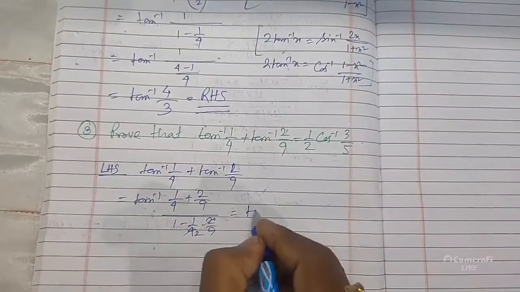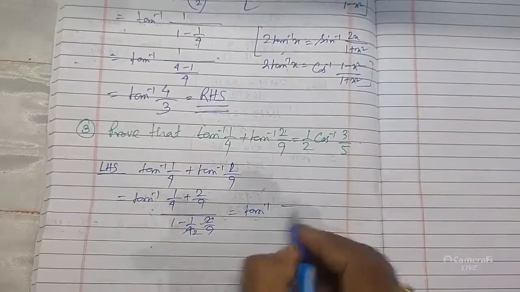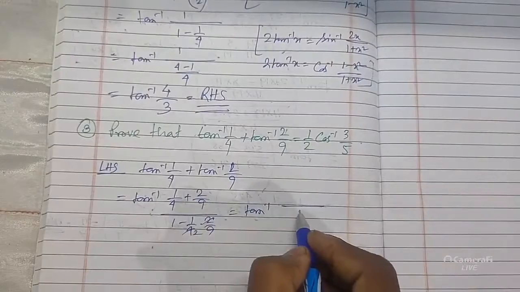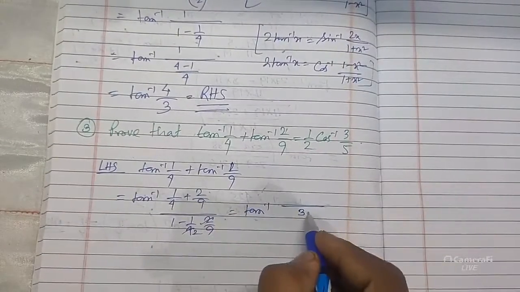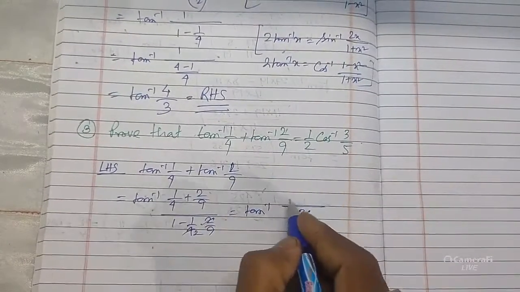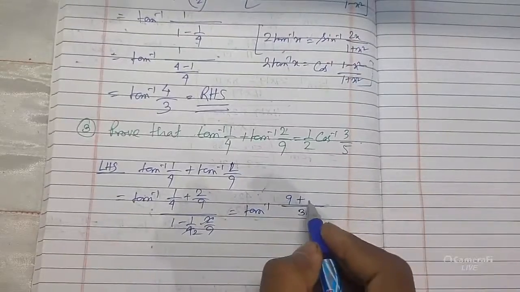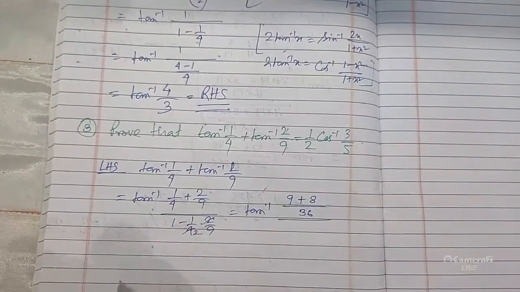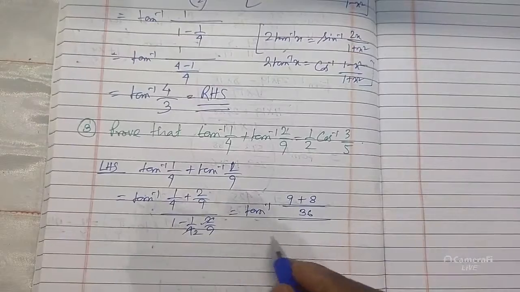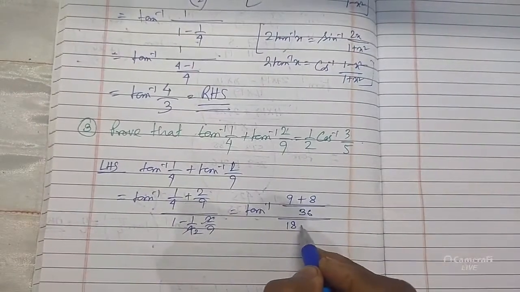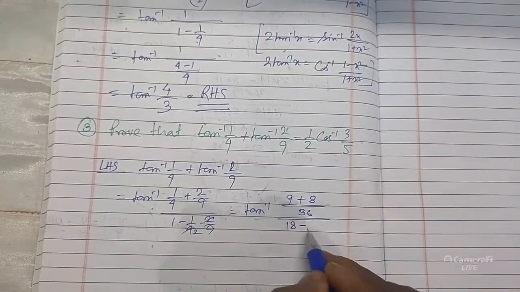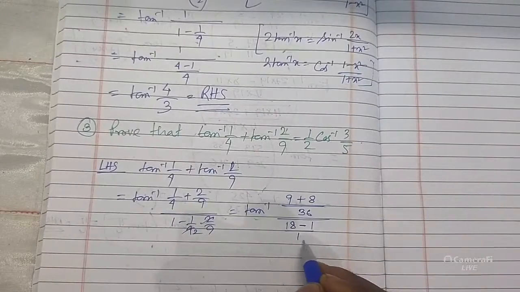So we have this equal to tan inverse, LCM is 36, 9 plus 8 divided by 18 minus 1 by 18.